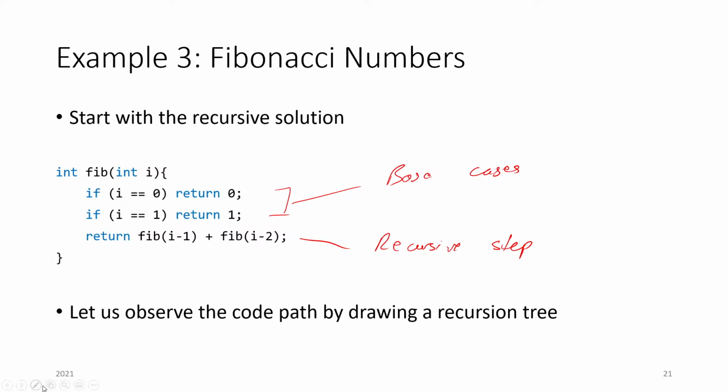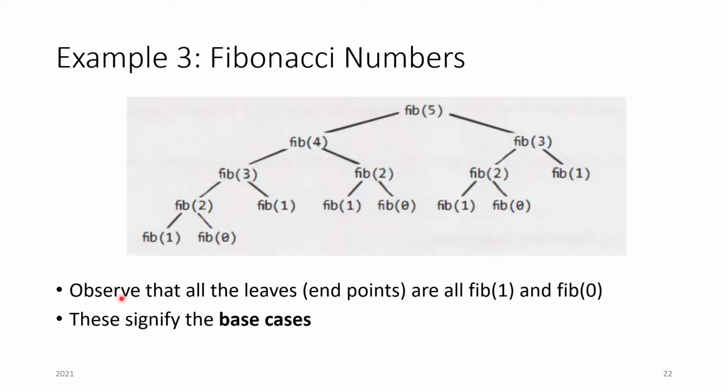So for Fibonacci here, we have the code, but actually let's observe this by drawing what we refer to as a recursion tree, to visually observe what actually happens when we do this Fibonacci sequence. So if we started with i equals 5, let's just write this here.